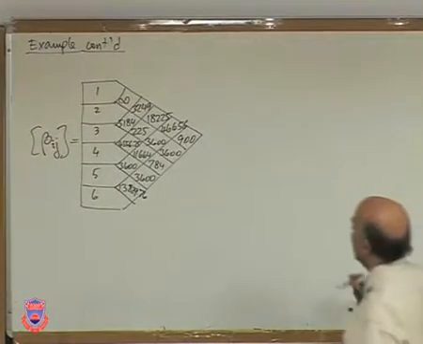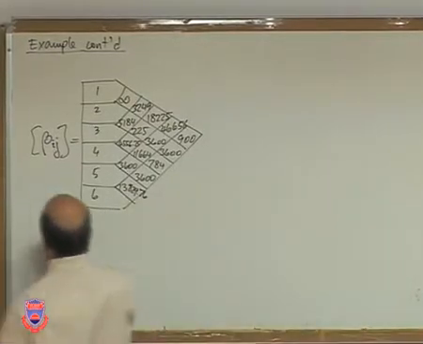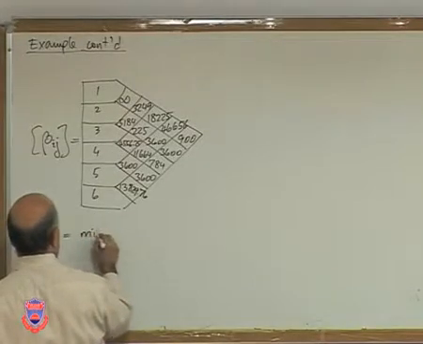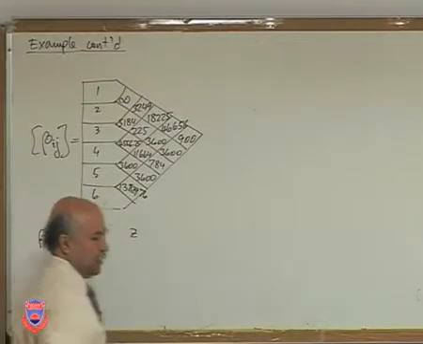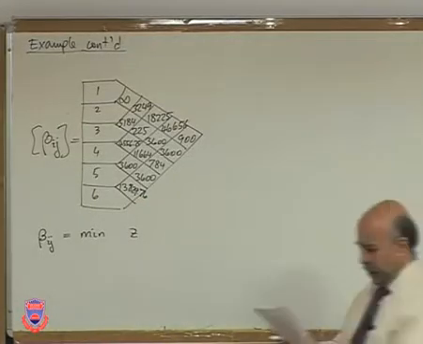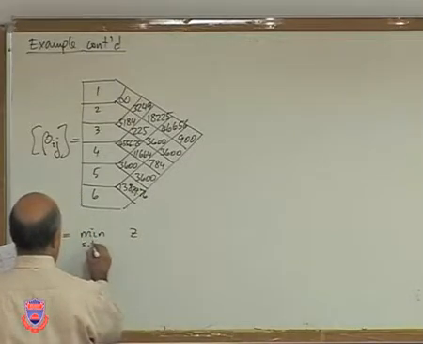In general, to compute beta ij, you need to solve a minimization problem: minimize z relative to two vertices.